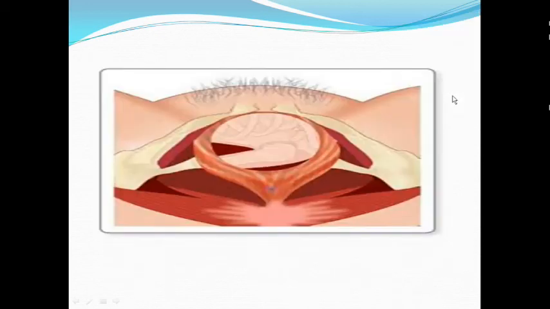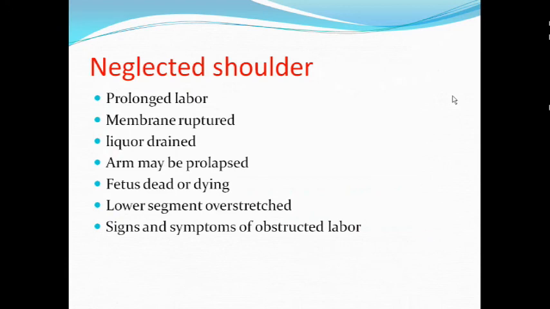What is neglected shoulder? Sometimes the patient comes late in labor, the cervix is dilated and the membrane is ruptured. In that case the hand may prolapse and a neglected shoulder can happen, which is impacted. This occurs in prolonged labor with membrane rupture, where the liquor is already drained, the arm may be prolapsed, and the fetus is dead or dying.